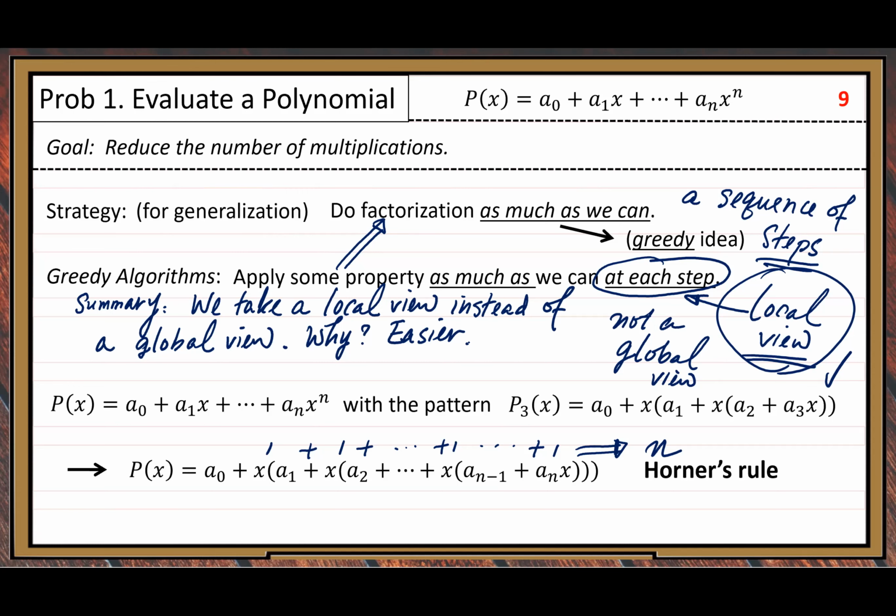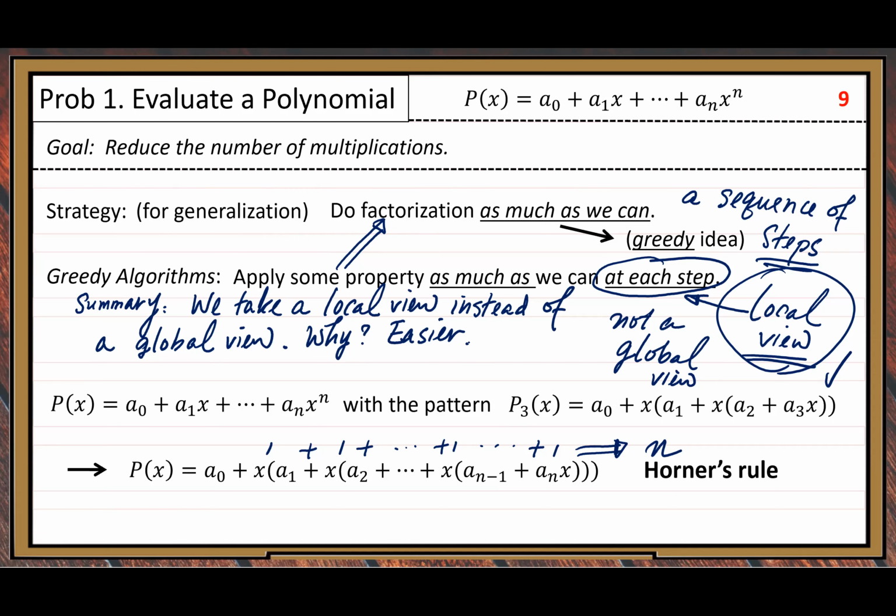Globally, you need to consider all places, covering all steps. That's too hard. The global way is too hard, but the local way is much easier. We do not need to look at other steps. We only need to look at the current step, the best we can do in the current step. That's much easier, right?